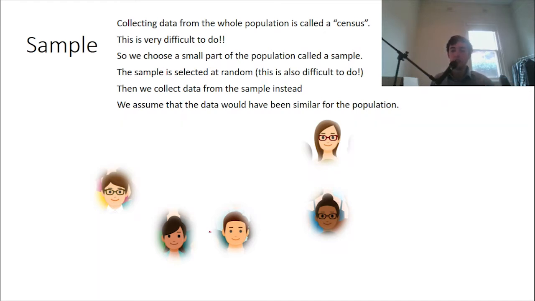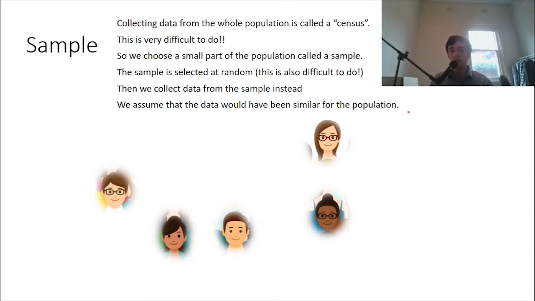It's difficult to do this, and I've included a little bit of extension at the end talking about why it's so difficult to do that. Okay, but anyway, we select the people at random, and then we collect data from the sample instead. So instead of collecting data from the whole population, we just collect data from these 5 people, and we assume that what we collect is similar for the population.